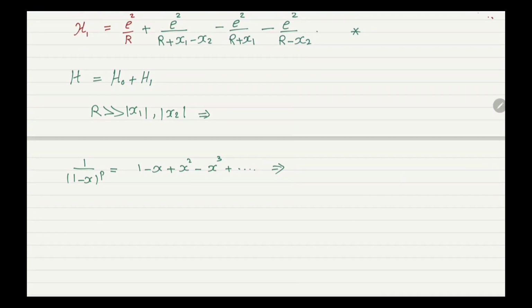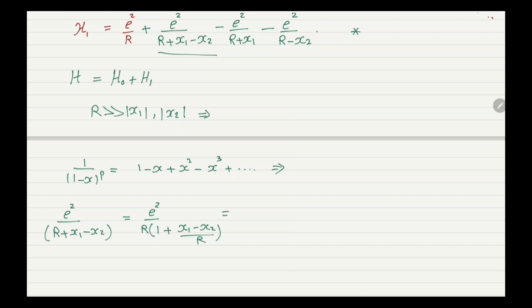So let's start with this part here: e squared divided by R plus x1 minus x2, where p in this case is equal to 1. If we take R as a common factor, this will be equal to e squared over R times 1 plus (x1 minus x2) over R. And this is x, by the way, in this series.